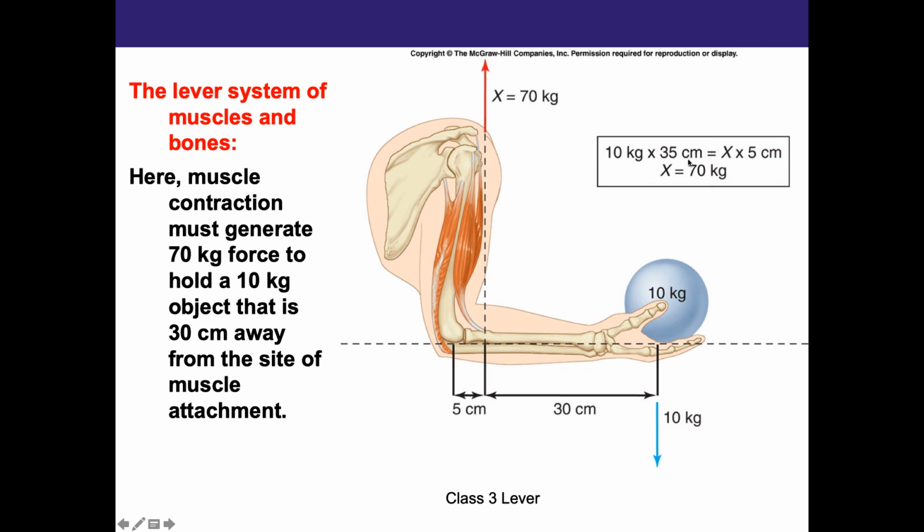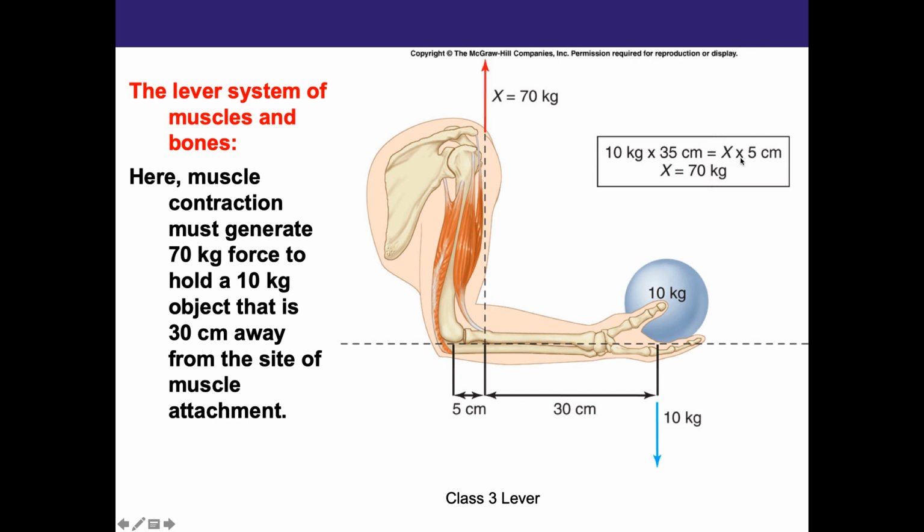Now, the bicep is attached here at this 5 centimeter mark. How much force do we have to generate in order to keep that 10 kilogram weight out in this 90-degree angle? And if you do a little bit of algebra, high school algebra really, x is what we're looking for.